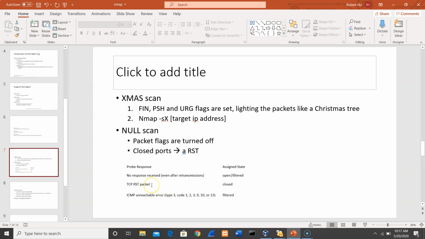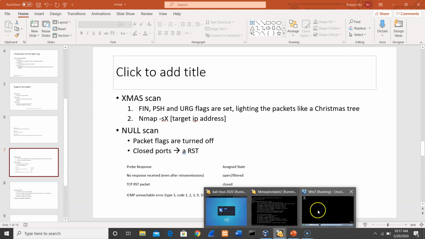But when the student runs the Christmas scan and gets no response, that means the scanning went through. It is assigned the state open|filtered. So let me give you an example.